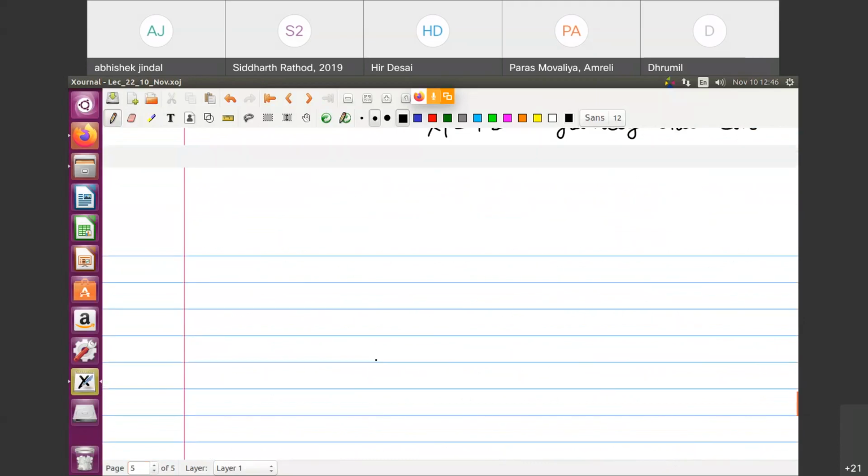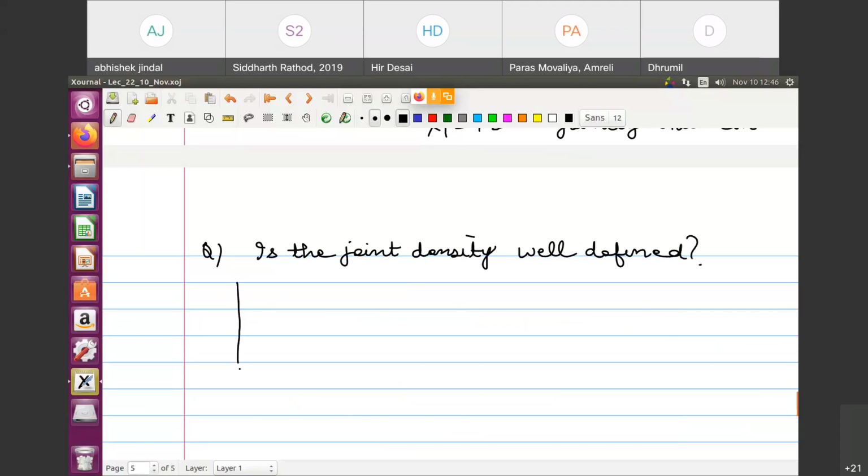Let me write it down. So the question is: is the joint density well defined? The answer is no. If you talk of the joint density, then on this plane of x1 and x2, your PDF must be defined over it.